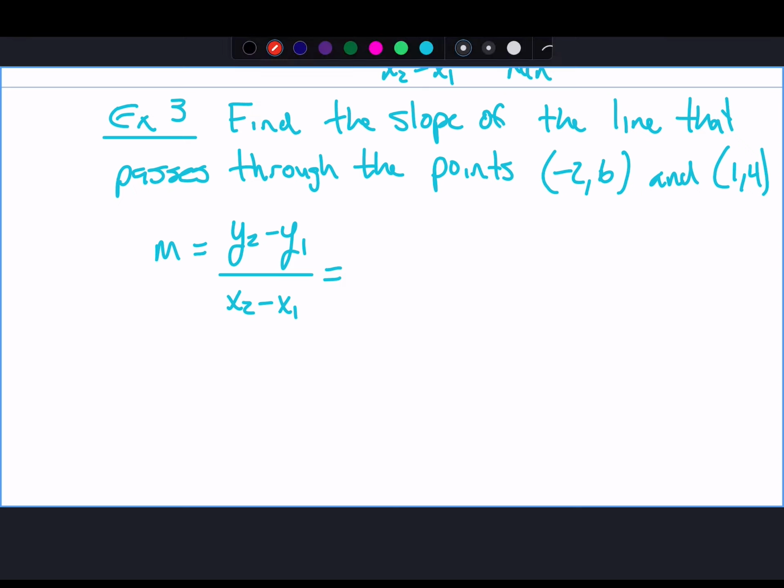So x1, y1, just be consistent. That's right. x2, y2. So I want to do my y2, which is 4, minus my y1, which is 6, divided by my x2, which is 1, minus my x1, which is -2.